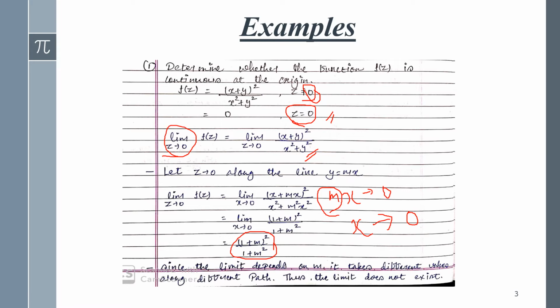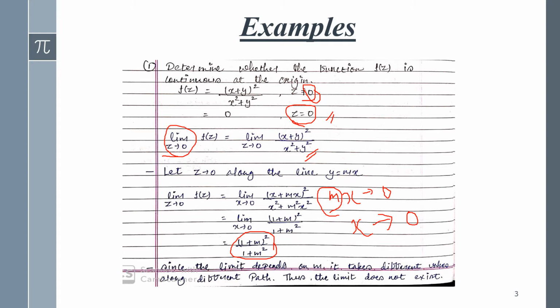Now, the limit does not exist, it means we can say that the given function is not continuous. And all this I have written here. Since the limit depends on m, of course, because we could not remove m from the function, so we can say that the limit depends on m.